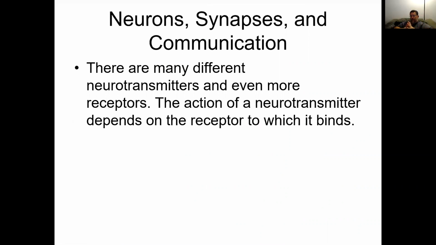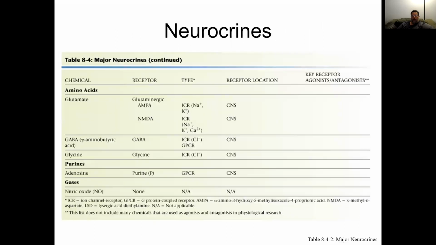So there's lots of different things that neurotransmitters can do, both at a local level and, if it's a neurohormone, at the larger level. And so those are some things to think about. But again, it depends a lot on the receptors that these neurotransmitters are attaching to.